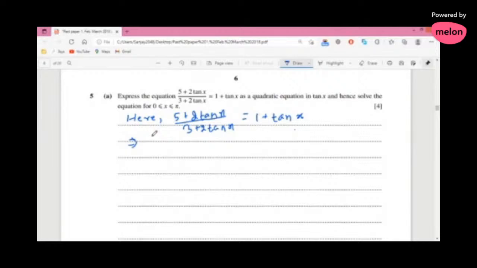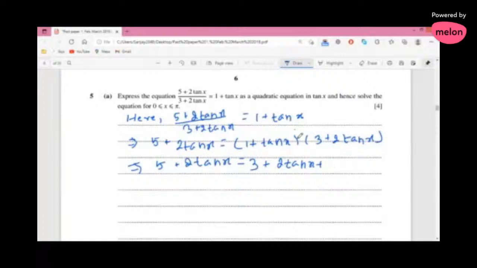So this is 3 + 2 tan x, and then you simplify it, so it is 5 + 2 tan x equals 3 + 2 tan x, we multiply by tan x, so it is 3 times tan x, and then plus 2 times tan x times tan x is 2 tan squared x, and then you can see from both sides these two terms, 2 tan x and 2 tan x, have been cancelled out.